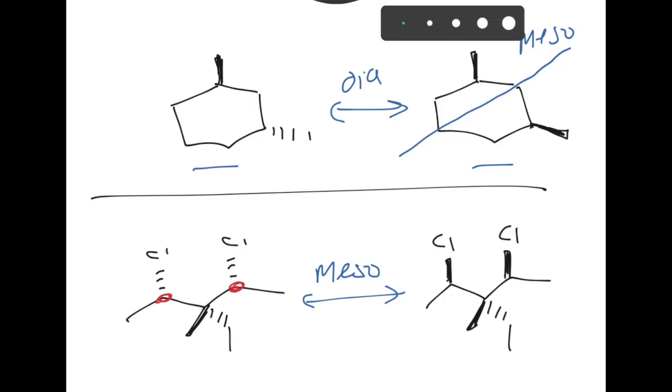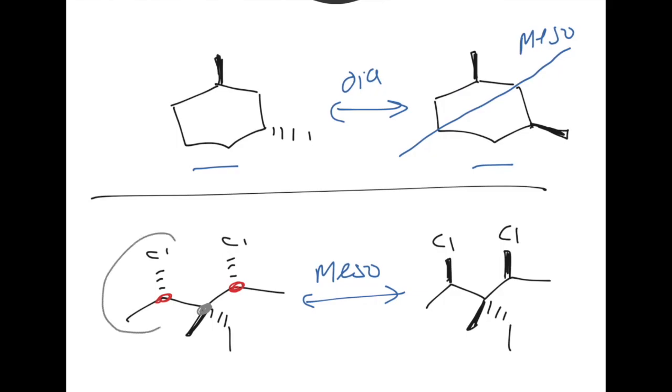This carbon here, the gray one, isn't chiral, right? Because this group and this group are the same thing, right? So it doesn't matter if they're on wedges or dashes or not, right?